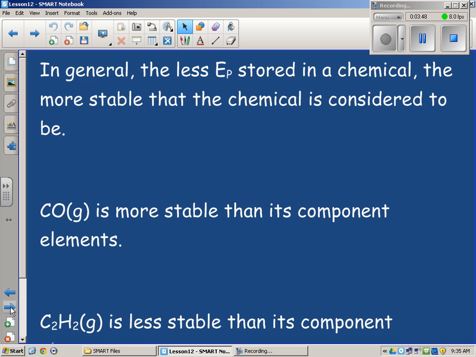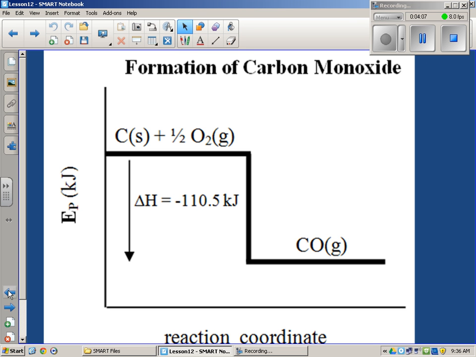In general, the less potential energy stored in a chemical, the more stable that chemical is considered to be. CO is more stable than its component elements. So let's go back to here for a second. They're saying that CO is more stable. It has less potential energy.